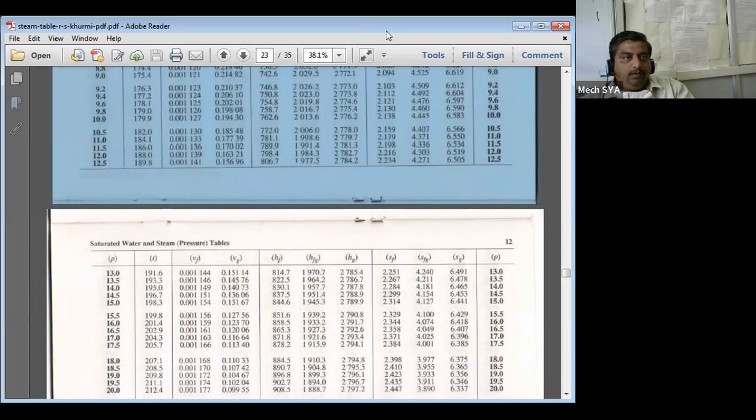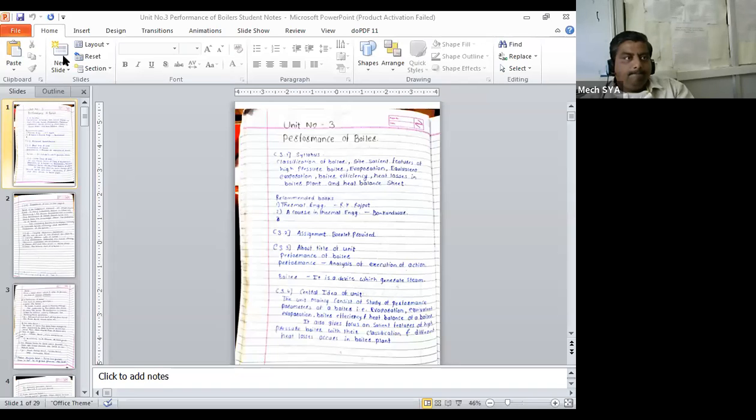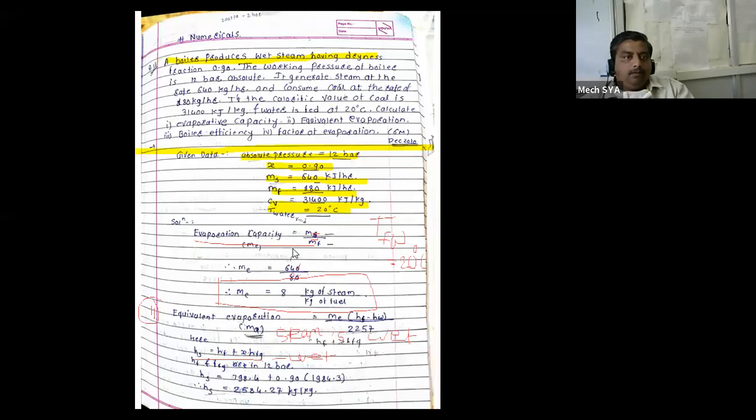So here steam generation is wet. We have recorded HF as 798.4 from the steam table, HFG is 1984.3, and X is 0.9.